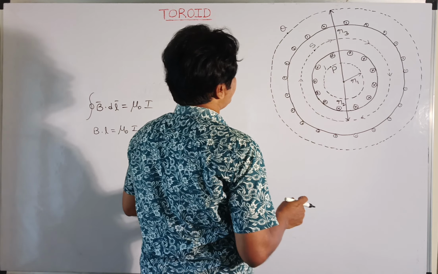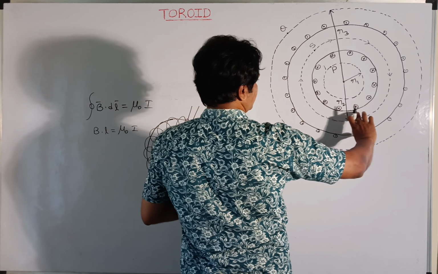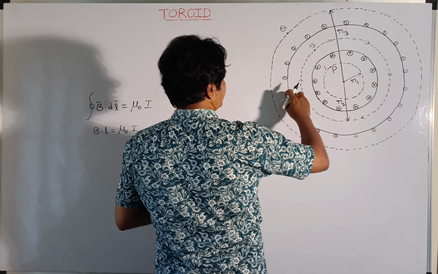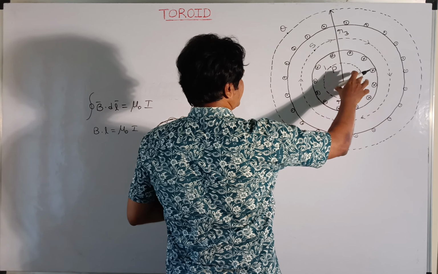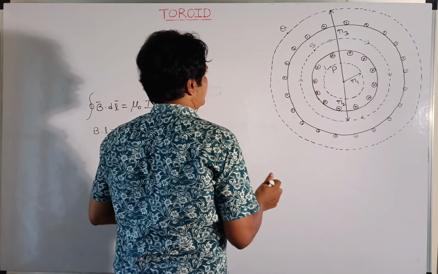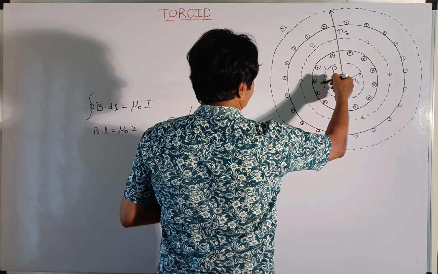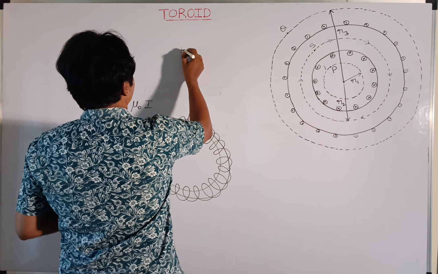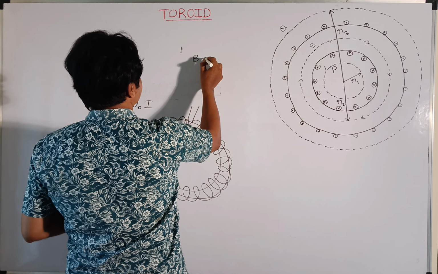This is where the current is passing and there is no current inside this loop. We can say for this Amperian loop 1, the magnetic field is 0.